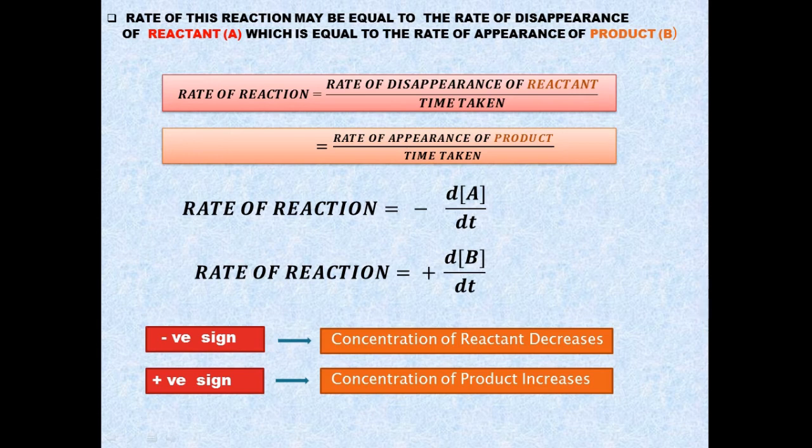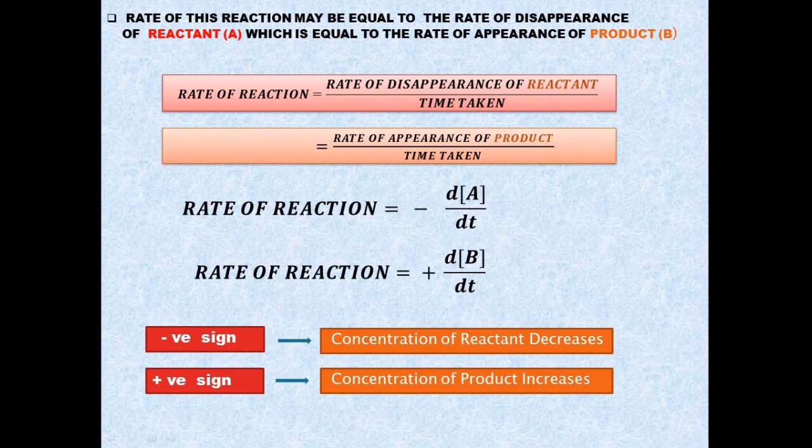Mathematically, rate of reaction is equal to minus d by dt of the change in the concentration of reactant A. Rate of reaction is equal to plus d by dt of the change in the concentration of product B, where small d represents infinitesimally small change in the concentration.